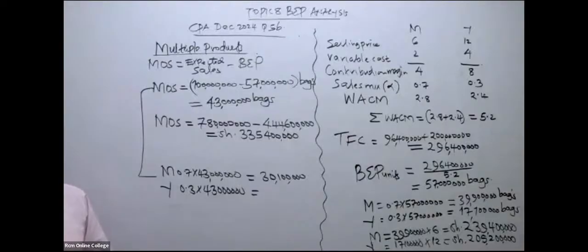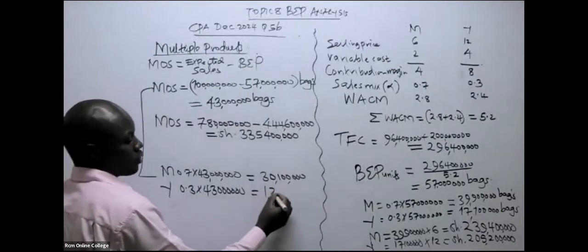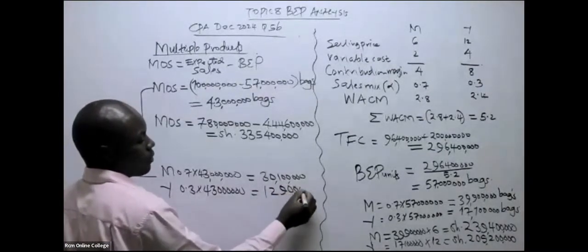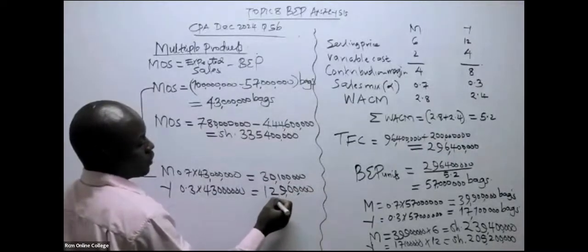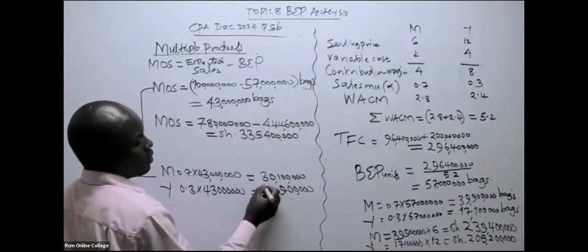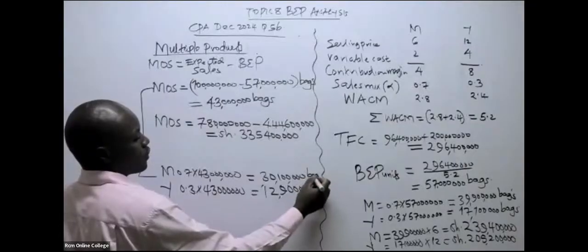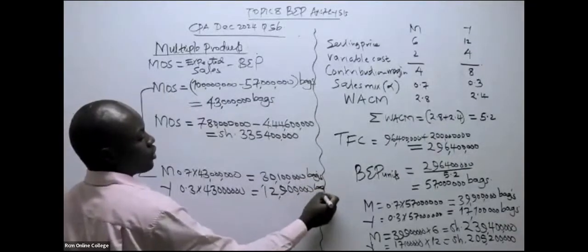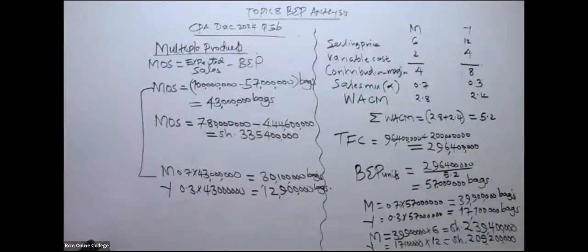What will it be? 12,900,000. So those are bags. Margin of safety in units.